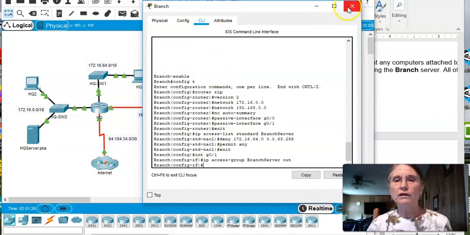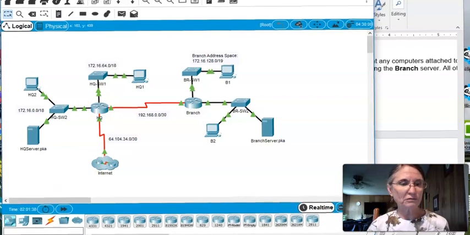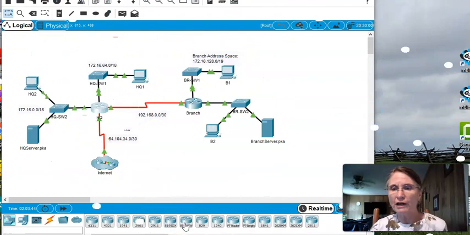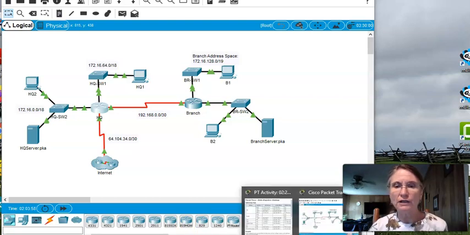You will need to do a similar function on the HQ router. You will use the same methodology. And once you have that access list information configured on both the branch router and the HQ router, you will have completed this PacketTracer assignment.